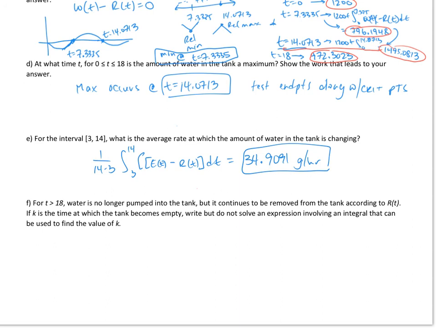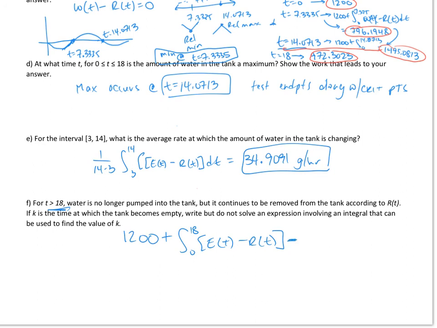So we've got an initial amount, 1,200, plus what's coming in from 0 to 18, which is our W of t minus the R of t. And then for anything greater than 18, it continues to be pumped out and nothing else comes in.